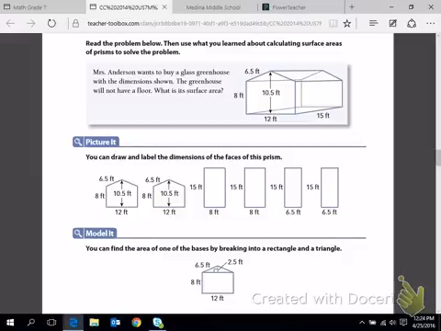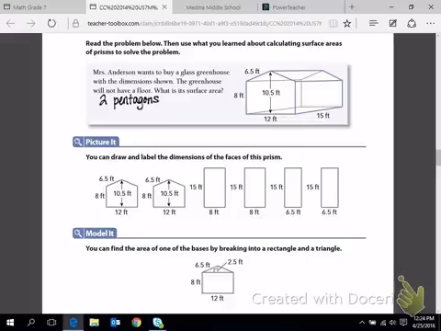Okay, so that's one of those composed figures where we have to break it apart. But there's something special about this problem. It does not have a floor. So the fact that it does not have a floor, that's going to adjust the way that we calculate our surface area. So again, we need to think about how many sides we have, how many areas we will find. So when we look at this and we list out what we're looking at, we'll have 2 pentagons.